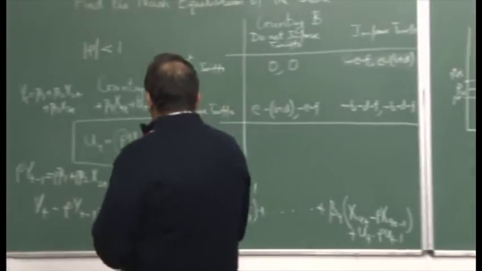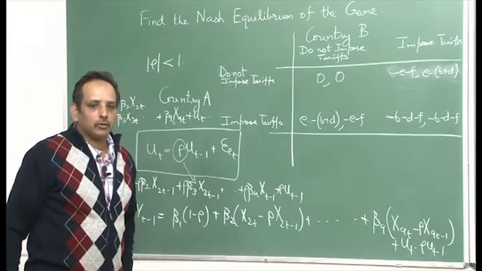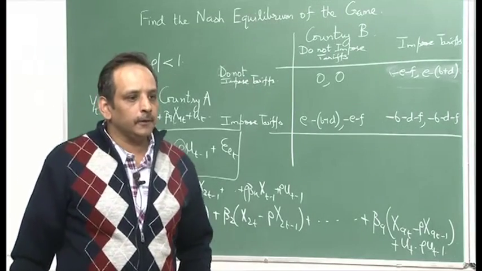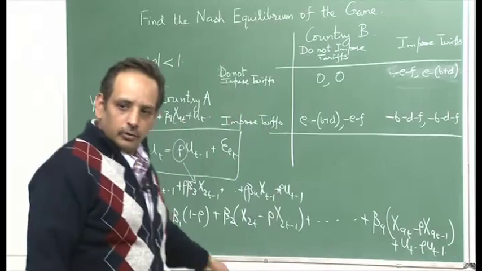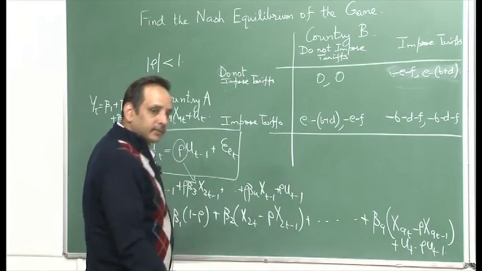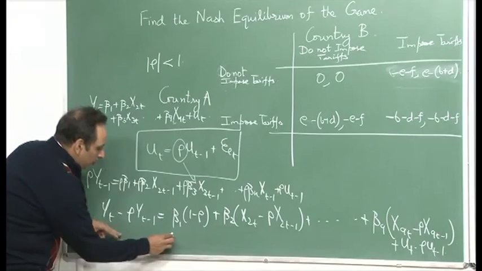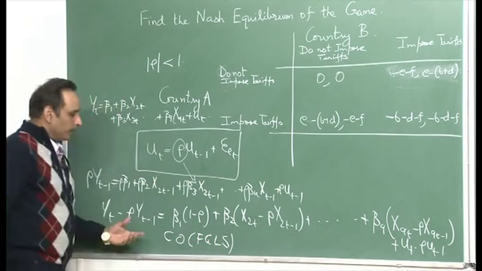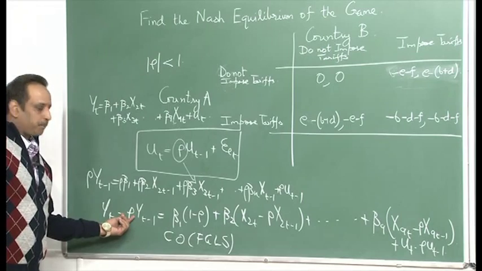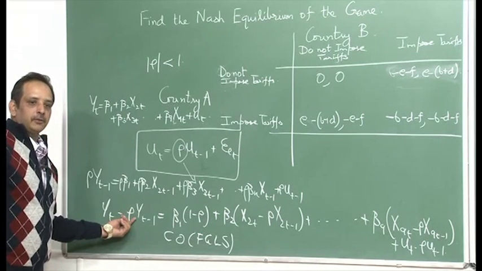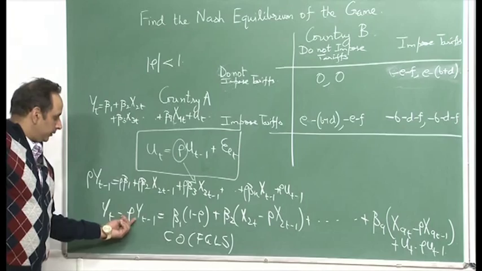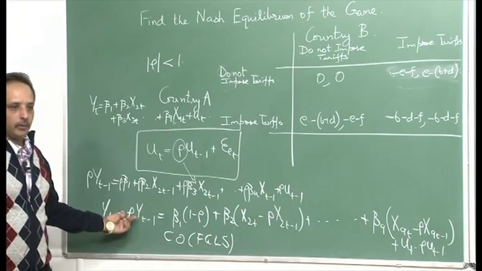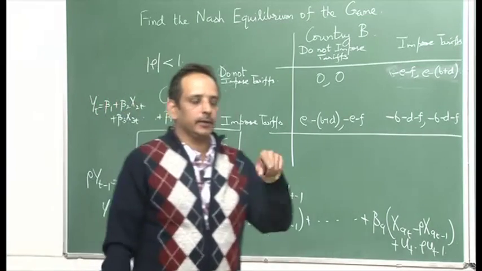So, do you recall the Cochrane-Orcutt procedure? This is the Cochrane-Orcutt, the feasible generalized least squares. You estimate rho, and there are two ways of doing it.